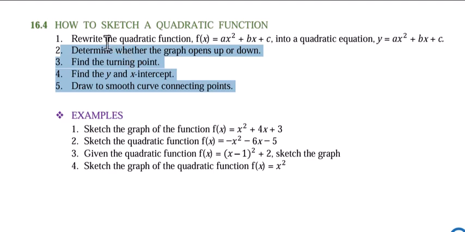We need to rewrite the quadratic expression in this form, then determine whether the graph opens up or not, then find the turning point, then find the y and x intercept, then draw the smooth curve connecting the points.